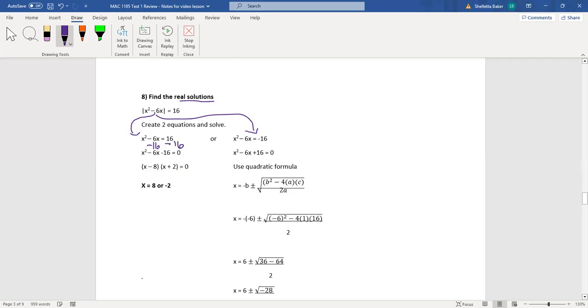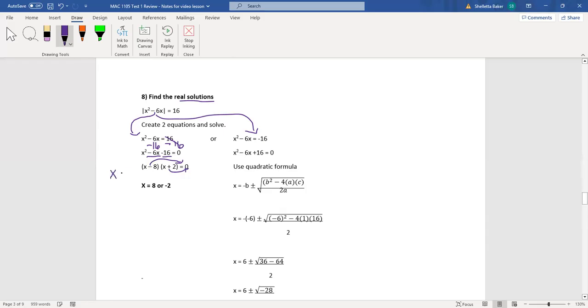We subtract 16 from both sides. We get x squared minus 6x minus 16 equals 0, which we then factor. Find two numbers where when we multiply them, we get negative 16, but when we add them, we get negative 6. And that's x minus 8 and x plus 2. We use our two factors to create two equations.